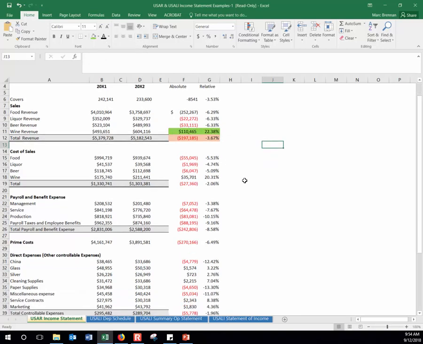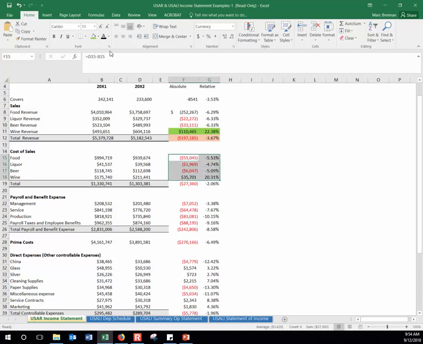Now this is something that we really have to make sure we feel comfortable with, and that's the fact that a red number, a reduction in expenses, the fact that this is negative, that's a good thing.